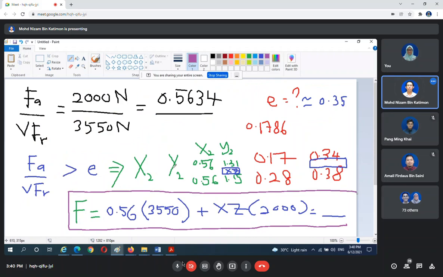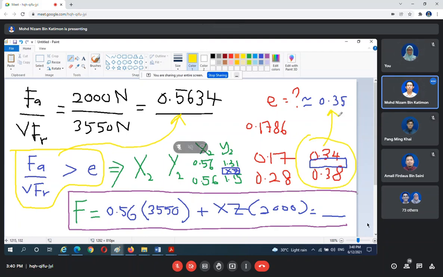Because of the comparison we did just now, we calculated this value, this E. From here 0.56 is bigger than 0.35.